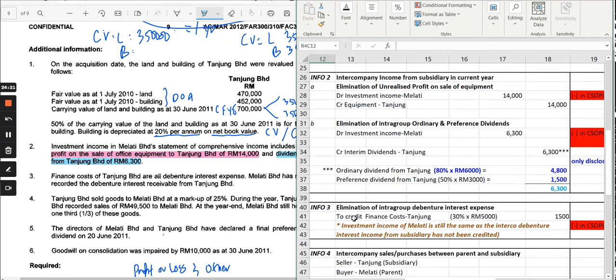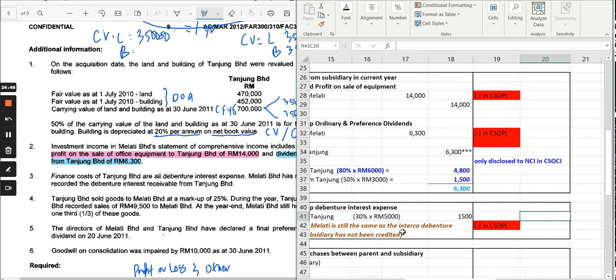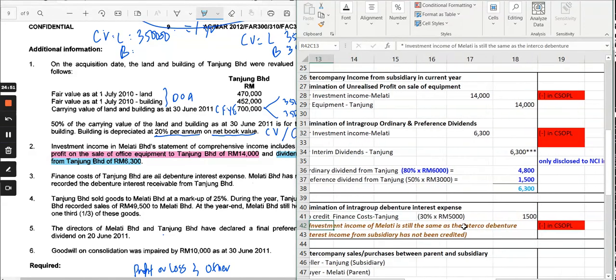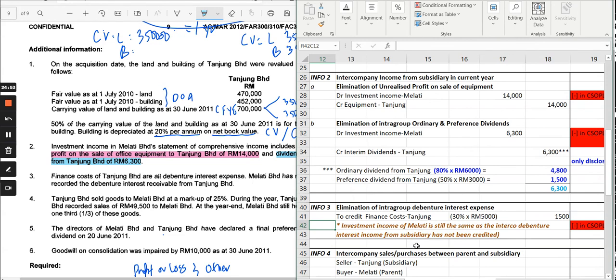So the debenture interest, what you need to do is to remove the portion that relates to the parent, and you need to credit your finance cost to remove the one portion that relates to the parent, that is 30% from 5,000, 1,500. And investment income of Melati will still remain the same, as the intercompany debenture interest income from the subsidiary has not been credited. So we will not record that in our consolidated financial statement. That should be recorded by the parent in its separate financial statement.